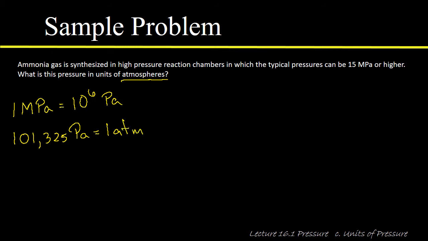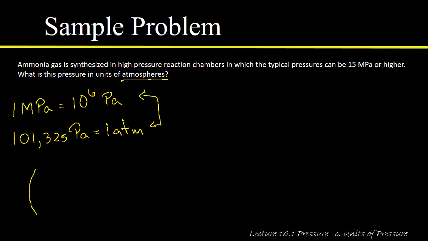Okay. So we can use each of these relationships to make a conversion factor. Let's take the first one, megapascals and pascals. Remember that the way dimensional analysis works is we make conversion factors by making fractions that are equal to 1.